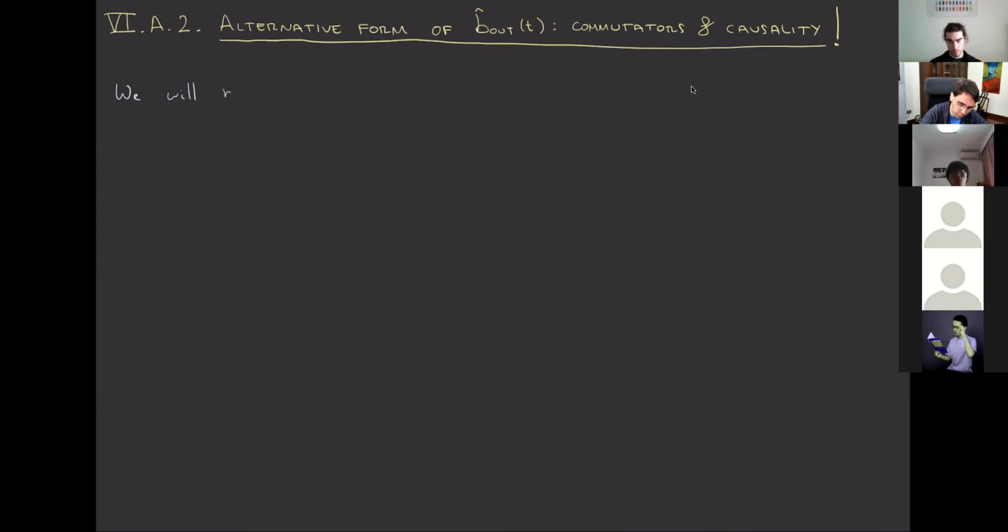We will now prove with this alternative expression for the output operator these two properties. The first one, as I said, is that the output operators, just like the input operators, satisfy canonical commutation relations in time. So these relations in here.